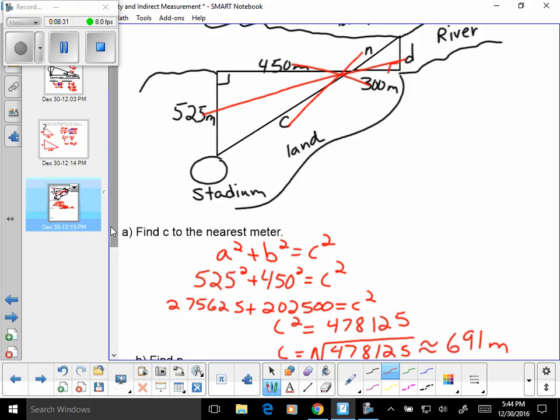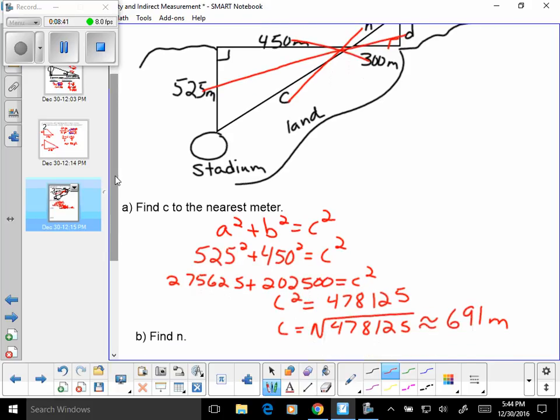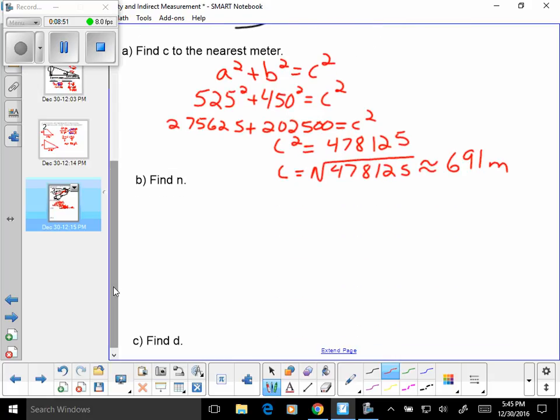Now, this is handy to have found c, because now we know that we can set up n over that 691. But we also need to figure out a ratio that we do know, and that's our 300 to 450. So to find n, we're going to set up 300 meters to 450 meters. We do not know the n, and we do know that the hypotenuse of the larger triangle is 691.